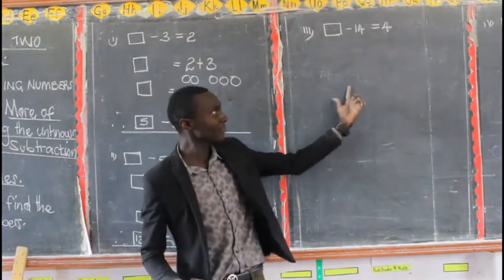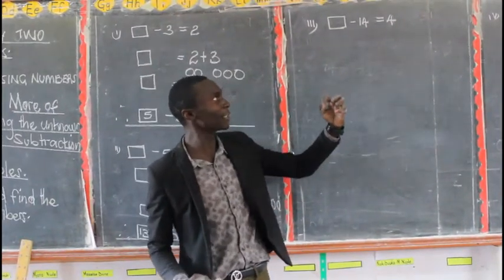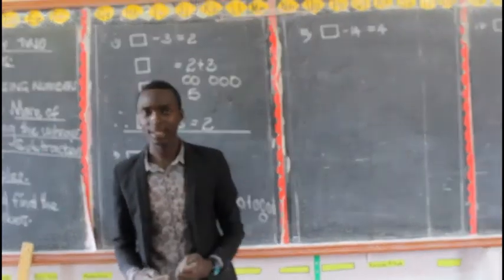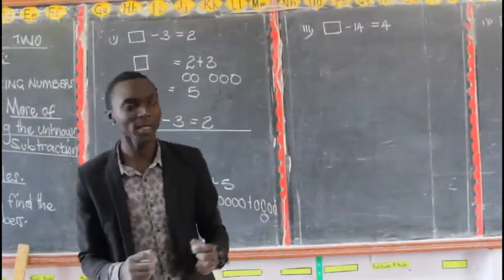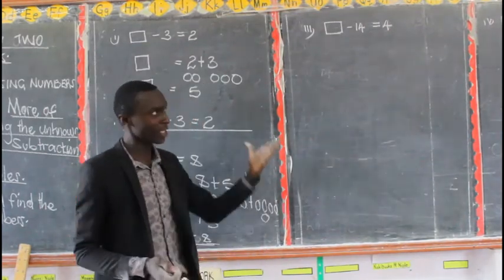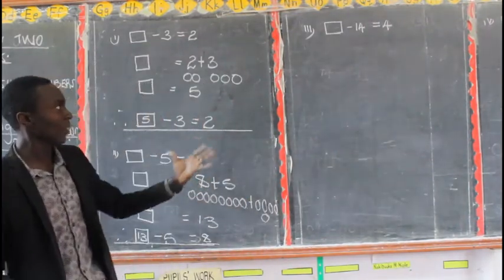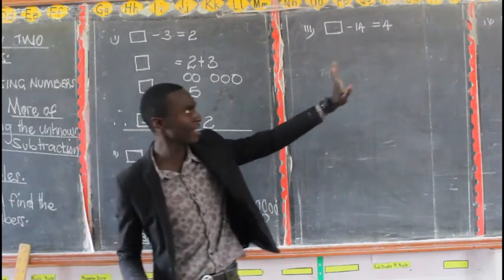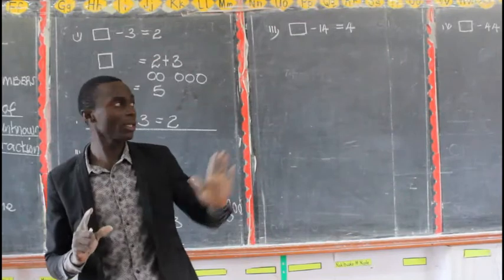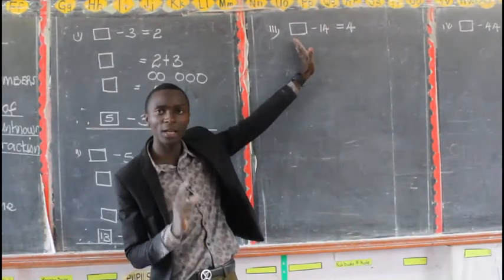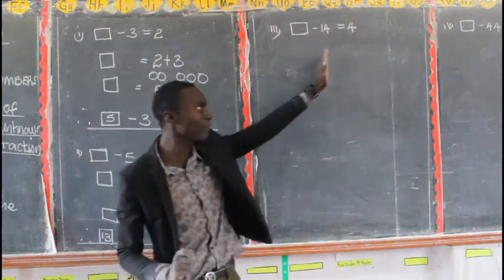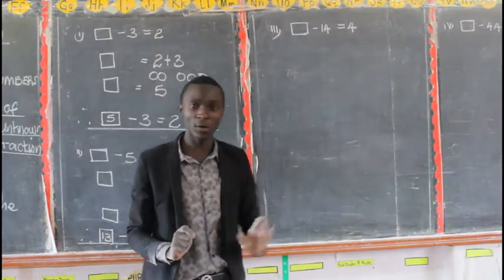There is a number. When you subtract 14 from it, you get 4 as the answer. As I earlier told you, when you find that there is a sign of subtraction, and the box, the unknown, is the first number, not in between, you will have to add across the bridge, across the equal sign.